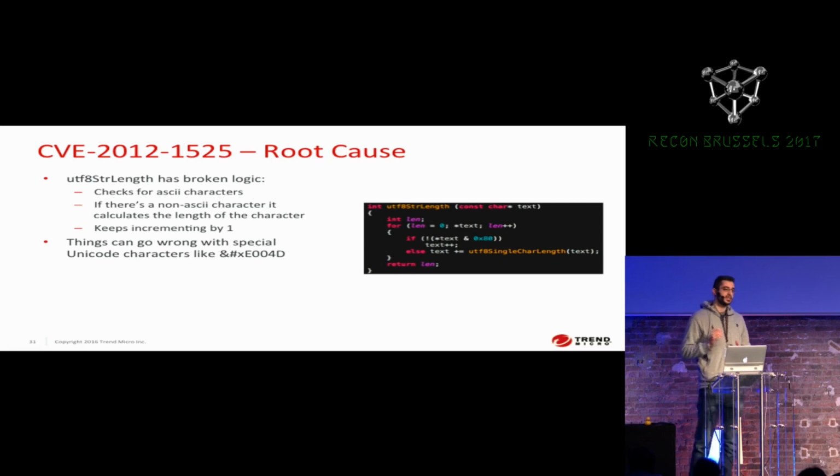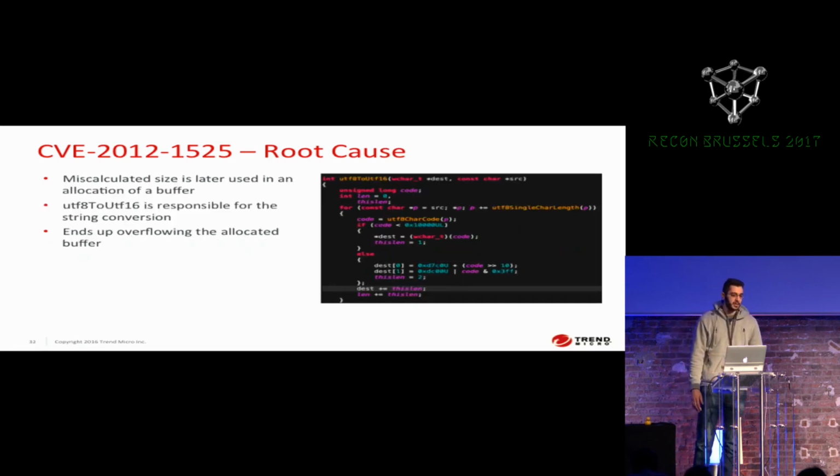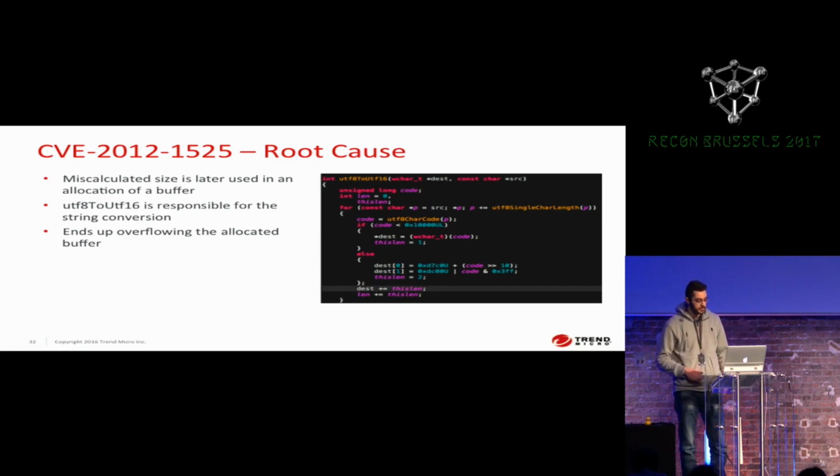But in special cases, when you have a Unicode string or something like that, it actually calculates it, but it doesn't add the length to the count. It keeps incrementing the count by 1. So that leads to a miscalculated length. That length is later used in an allocation, and then it's passed to UTF-8 to UTF-16, where the actual heap-based buffer overflow happens.